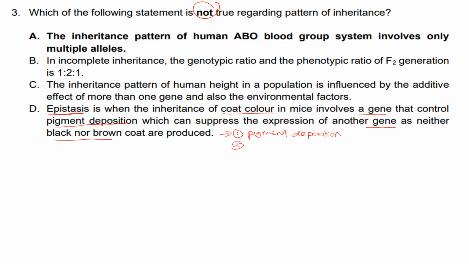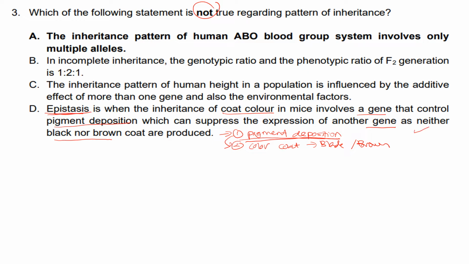The second gene controls the color of the coat in mice, as either black or brown. So in this case, the first gene, which is pigment deposition, will control the expression of coat color. So this is epistasis. So statement D is correct.